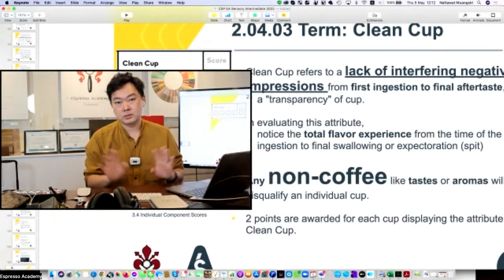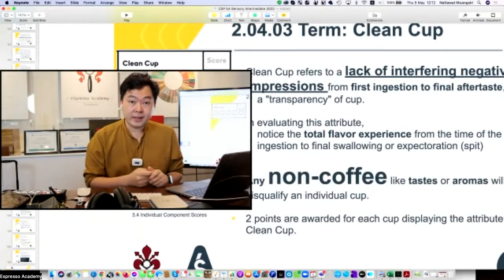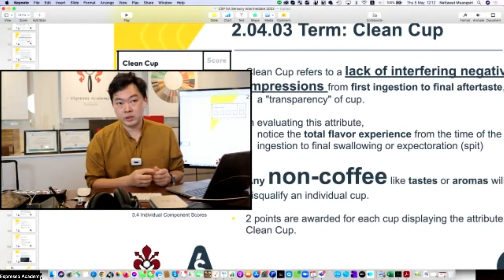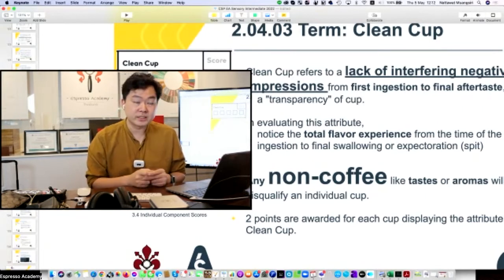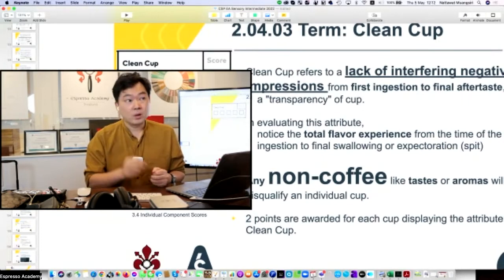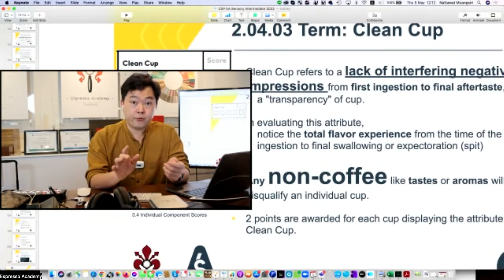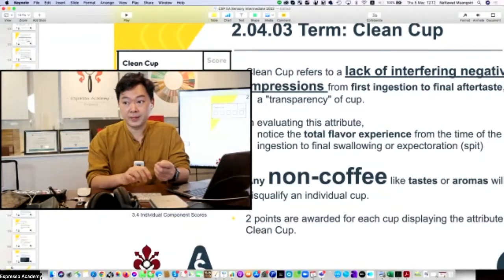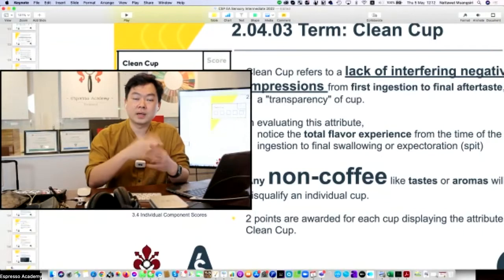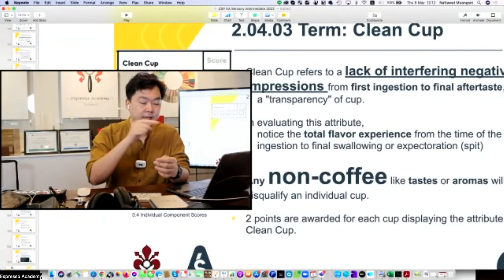You will not bother. But if you find phenolics, moldy, papery, chlorine, something salty, or something weird on that one cup, which is not from coffee, and the keyword is not from coffee, then you would deduct on the clean cup.